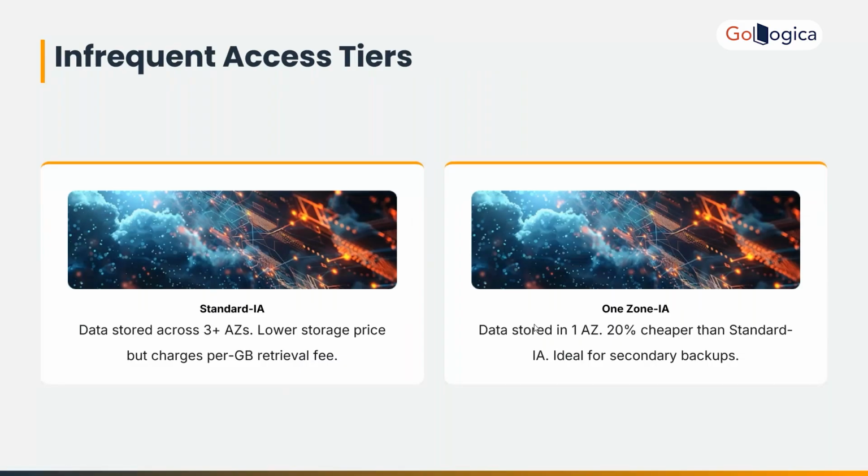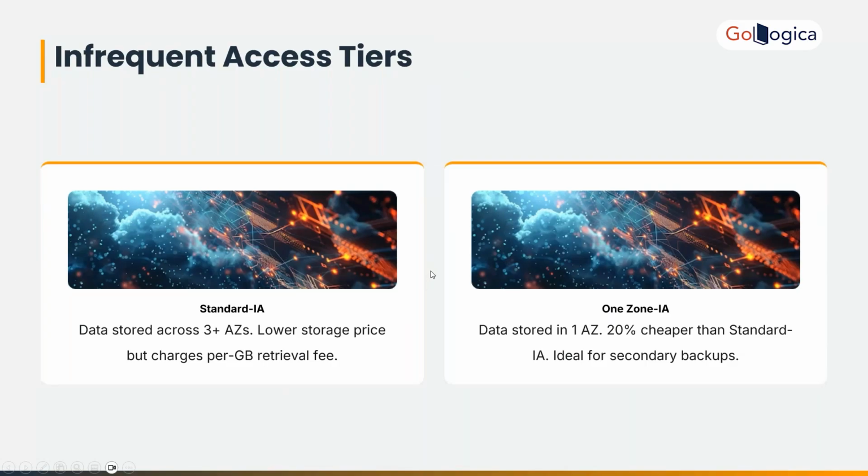Definitely the storage cost will go down for Infrequent Access and Glacier, but there will be some retrieval cost, because you are taking advantage of low storage cost, and to restrict you from accessing your data frequently, they implement that retrieval cost. So these are for your infrequent access data.